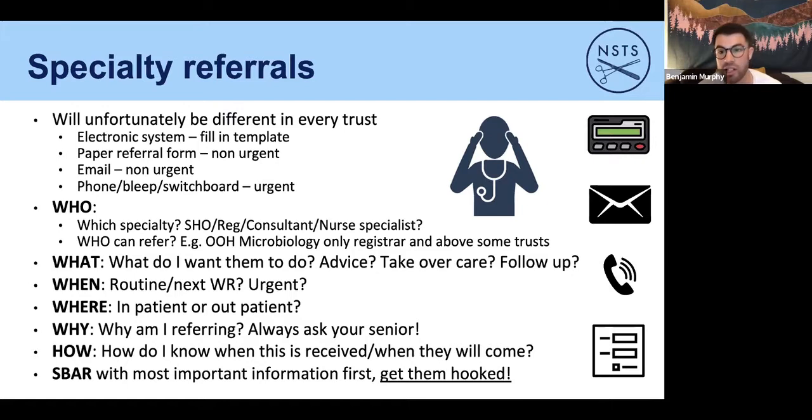She's had an operation and then she got a chest infection. They've already lost interest. So you want to start with, I've got an 89-year-old lady with a past medical history of hypertension who's presenting with 10 out of 10 central crushing chest pain. They're like, okay, cool, I need to pay attention now. So just make sure you give them the most important information for their specialty first to try and get them interested in what you're referring.